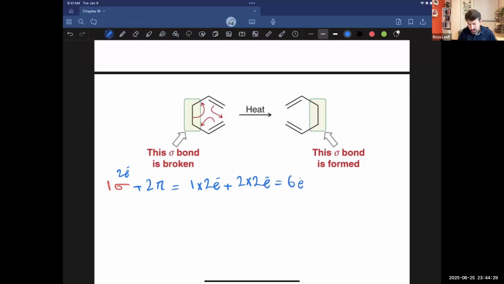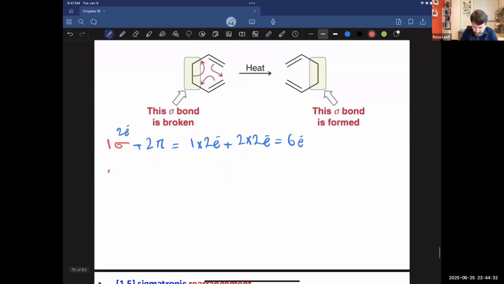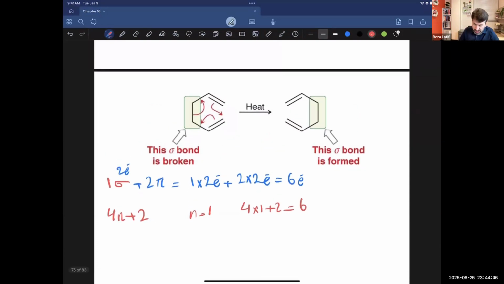6 electrons. Okay, because I got 6 electrons, I can say this one is following the formula 4n plus 2. If n is equal to 1, I get 4 multiplied by 1 plus 2, which gives me 6 electrons. So this reaction is dealing with an aromatic transition state, or the pathway is going to generate an aromatic transition state.